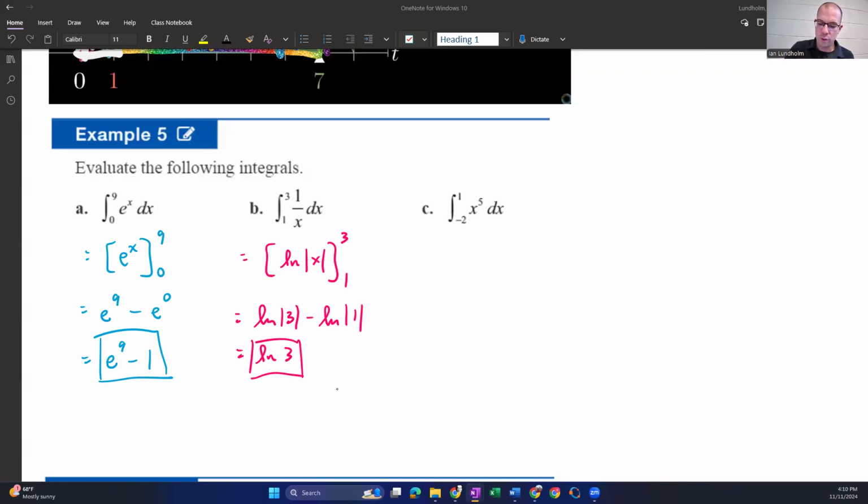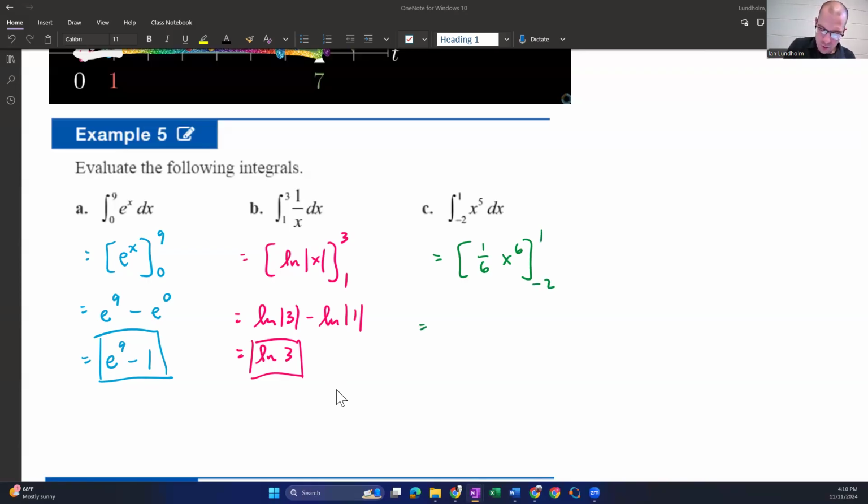So that one's good. And then letter C, we're going to take the antiderivative of x to the fifth. That is 1/6 times x to the sixth power. We're undoing the power rule, so we add 1 to the exponent and divide by the exponent.